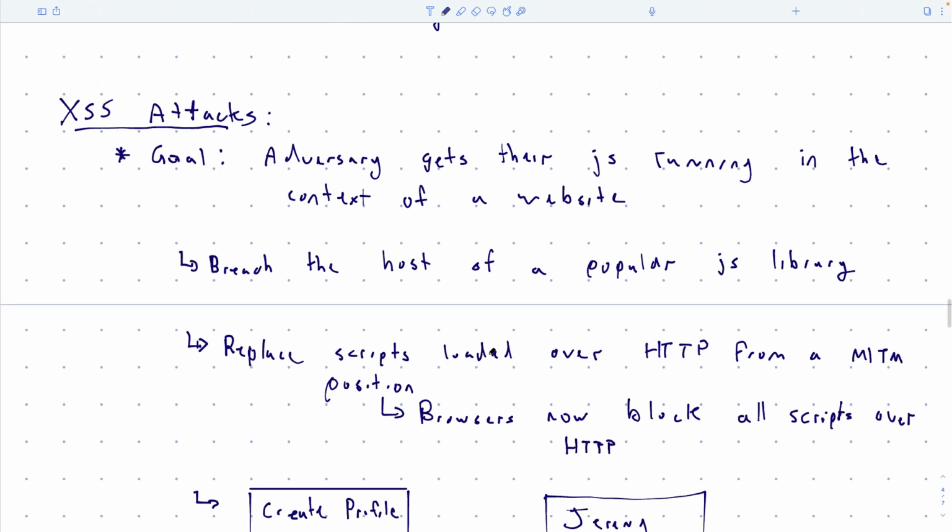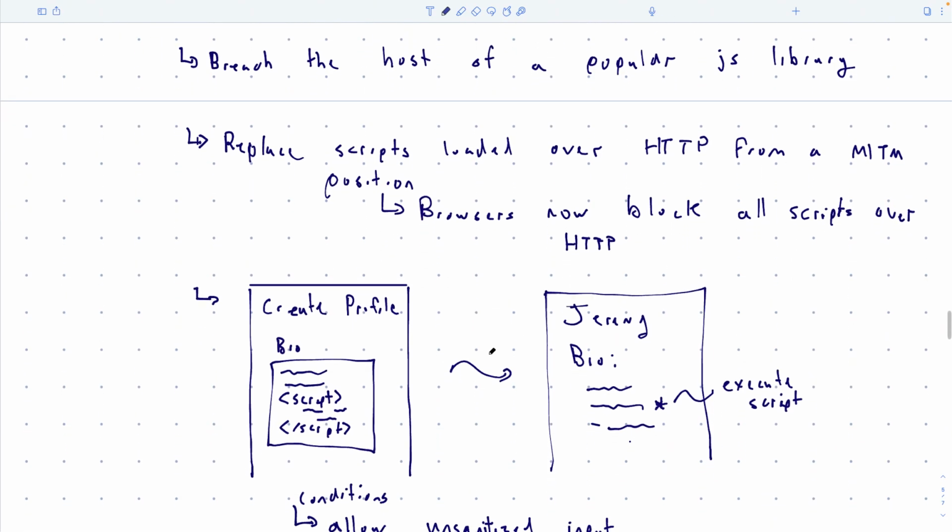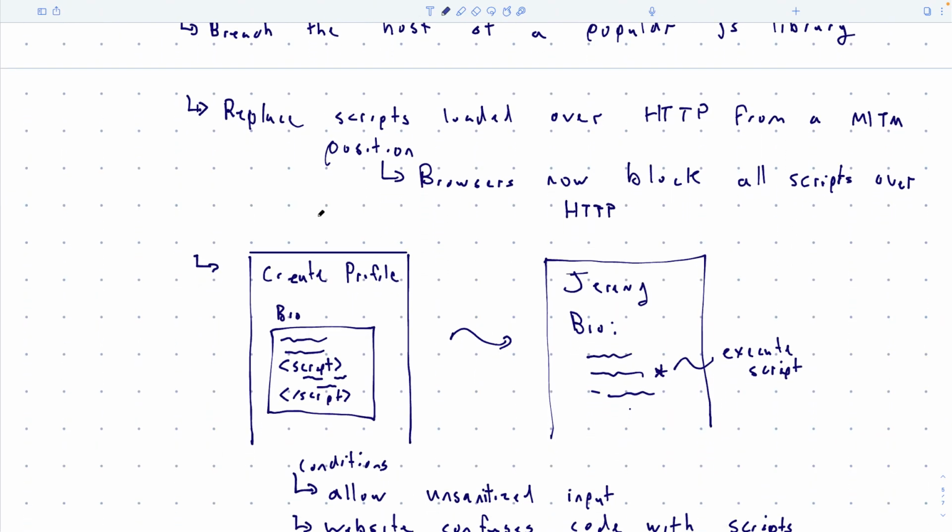So the example is sort of like, let's say I'm filling out my profile on Twitter, and I just dump some JavaScript in it. Then when you come to my website and you see my bio, there'll be some JavaScript there.